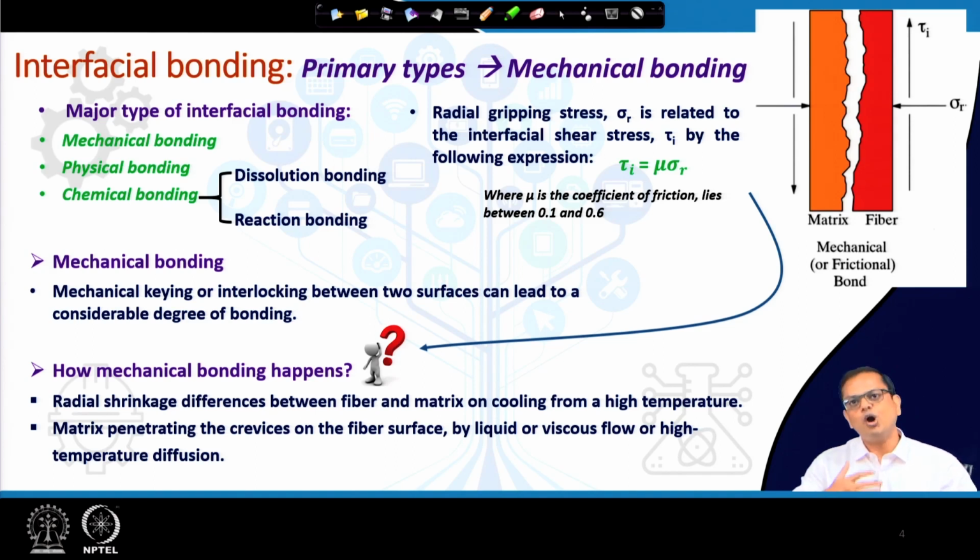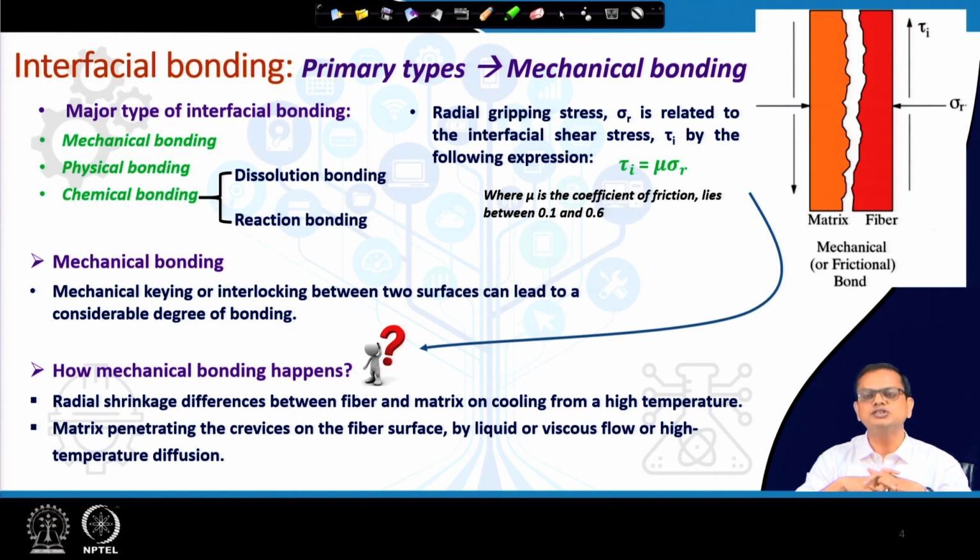Okay. So, because of all these factors, it looks like there is no chemical bonding, but it is not only about chemical bonding. If we can engineer the surface so that we can have very good mechanical bonding, we can have very good bond strength.